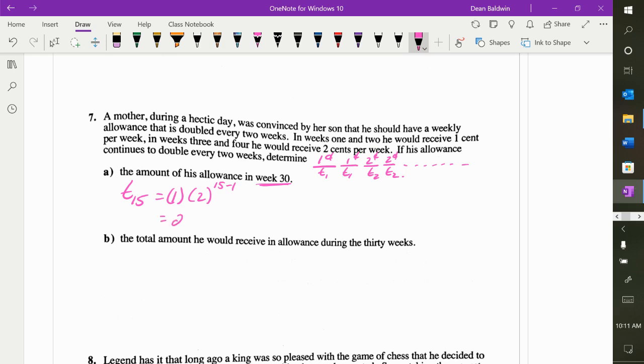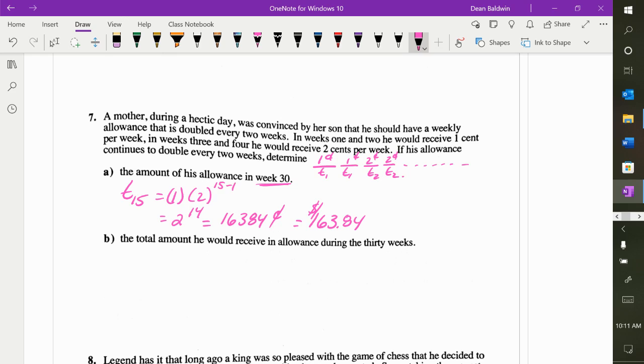So basically we're doing 2 to the 14, which is 16,384 cents. Wow. In the real world, it's $163.84 is how much he gets in the last week.